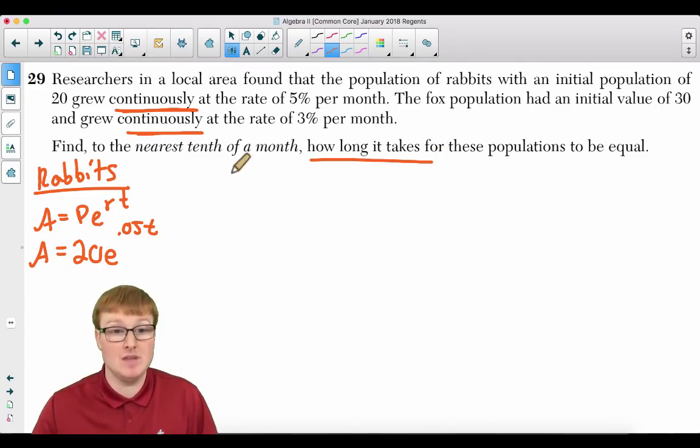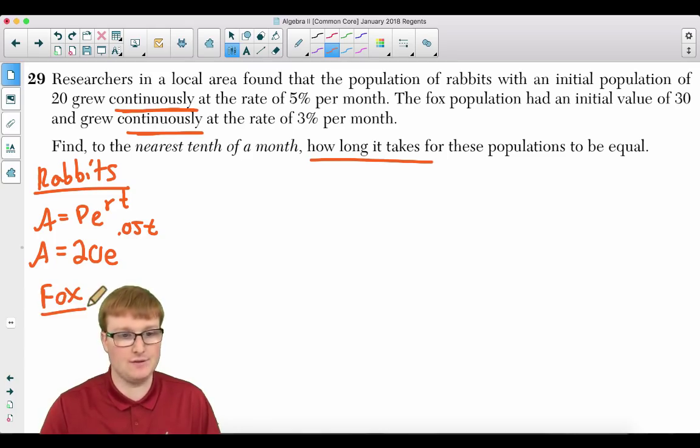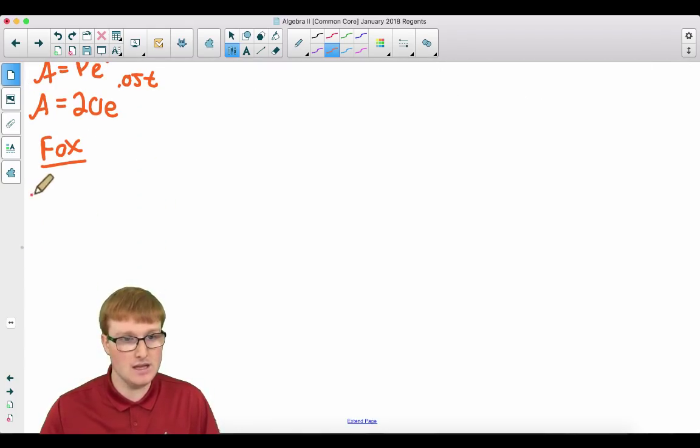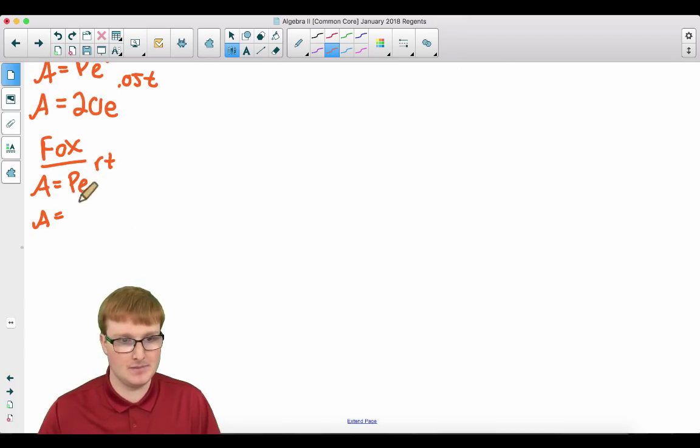We're finding time. Now your fox, on the other hand, it's still A equals Pe raised to the rt. A is equal to the principal amount. Well, the initial value of foxes was 30. So 30e, and the rate was 3%, so it's 0.03 t.